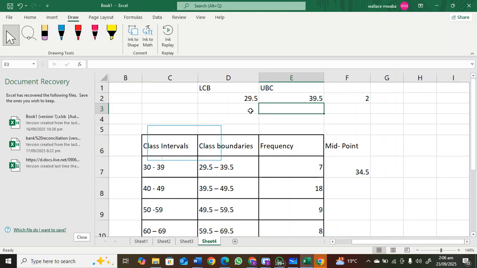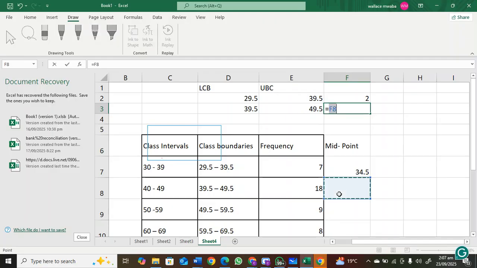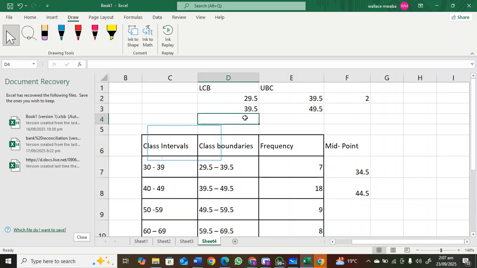We go to the next class, we have 39.5, 49.5. So to get our midpoint, we're going to say lower class boundary plus upper class boundary with the parentheses divided by 2. 44.5. Go to our next class. Lower boundary is 49.5.